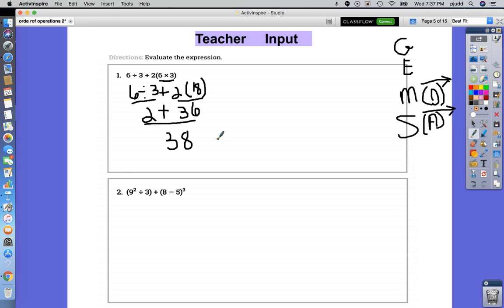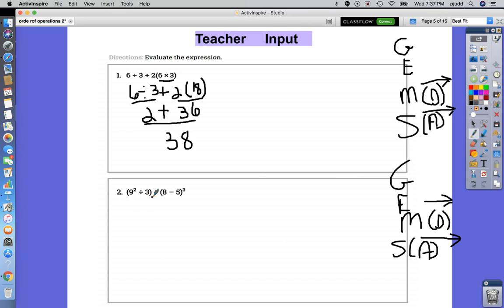Okay. So now let's take a look at the second one. And again, GEMS. And I notice I have 2 exponents in this one. So let's see how this is going to be evaluated. And remember, left to right.